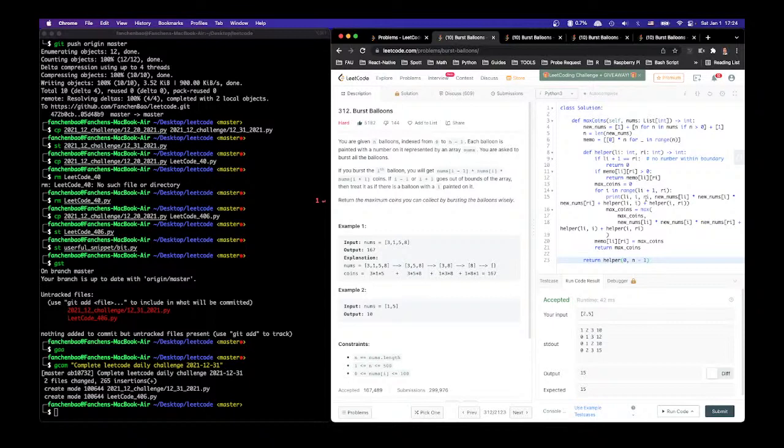Zero, 1, 0, 2, 3. Anyway, so it's 1, 2, 3 is right. Okay, now we're looking at 0, 1, 3. 0, 1, 3. That's the initial condition, right? That's the initial condition. Now the initial condition, 0, 1, and 3. All right.